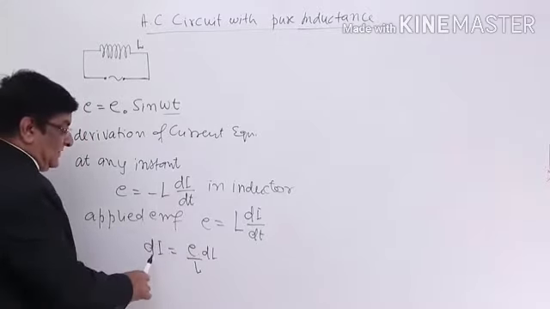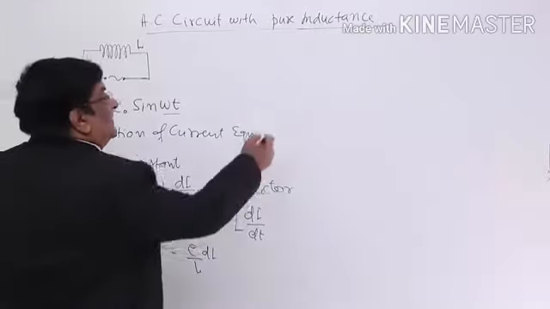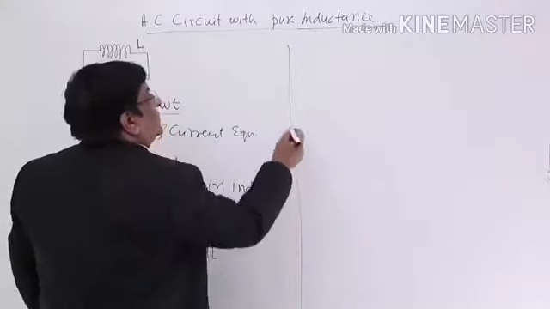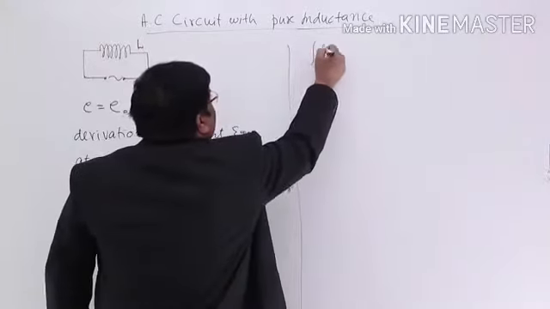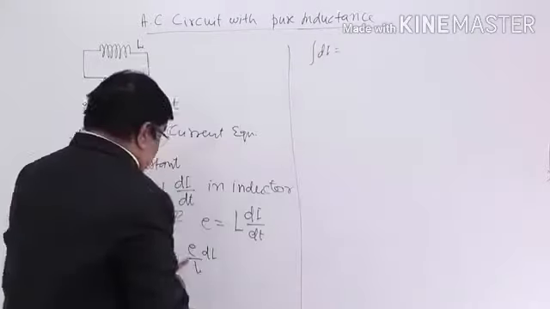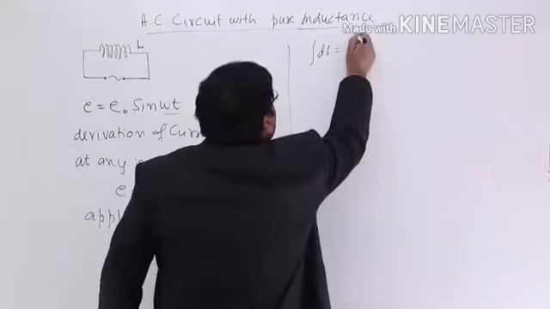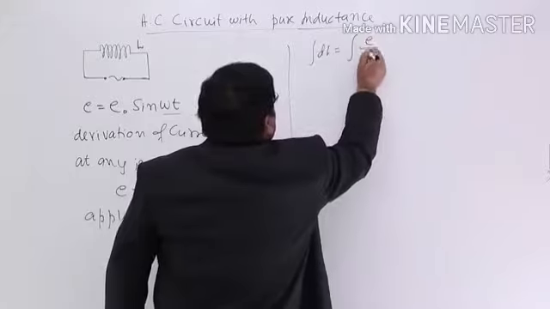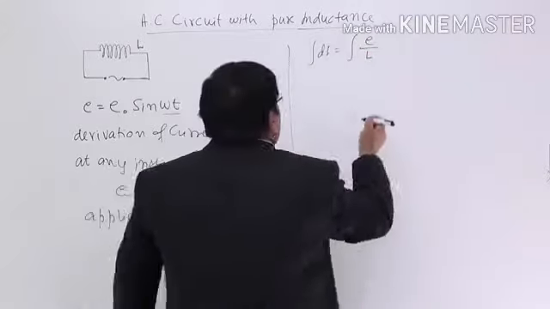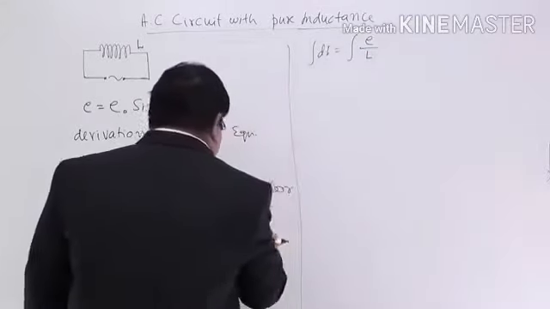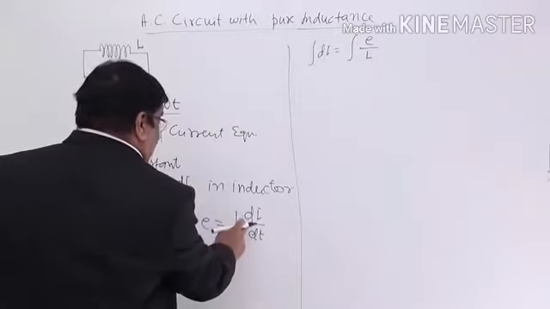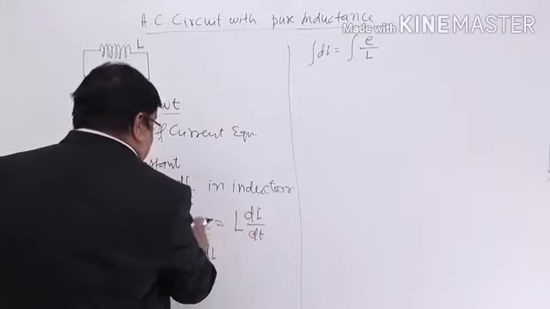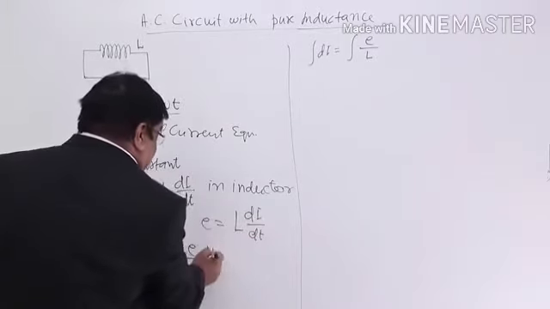If we integrate, di will become I. So the integration of di is equal to the integration of E upon L into dt.